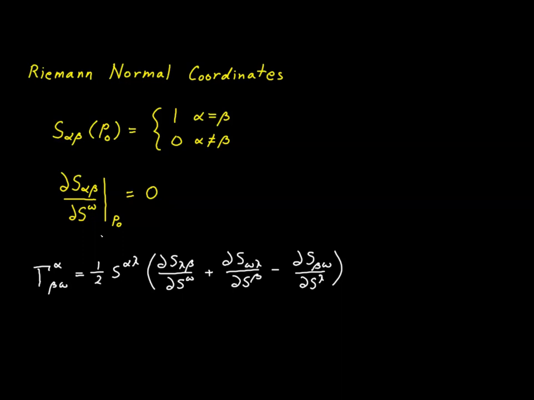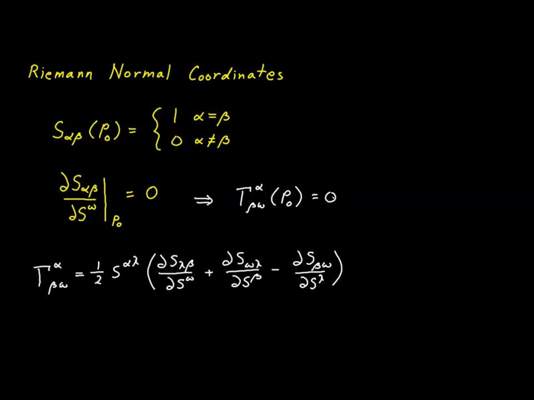So if all of these are 0 at point P sub 0, then it follows immediately as a corollary here that the Christoffel symbols evaluated at the same point of origin will be equal to 0. Again, they're not 0 everywhere in the manifold, but when we evaluate them at this point, the values are equal to 0.